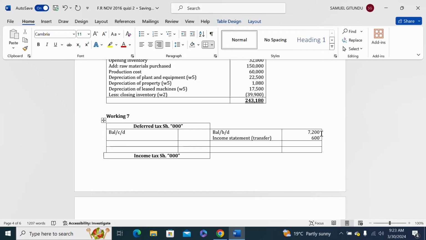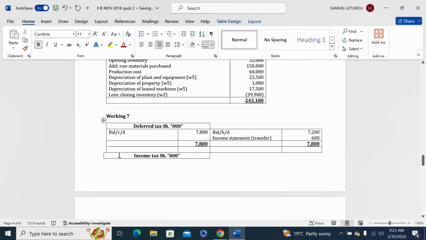Therefore the deferred tax will increase to 7,800,000. So the balance carried down of the deferred tax is 7,800,000. We balance that account. Then we go to the income tax.